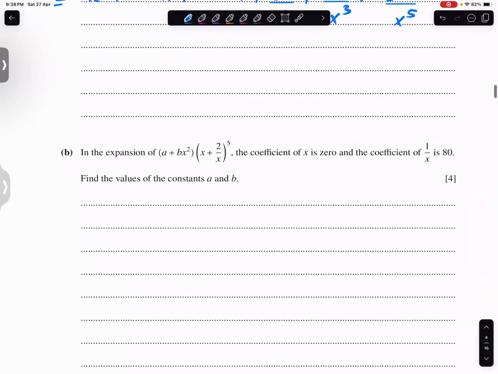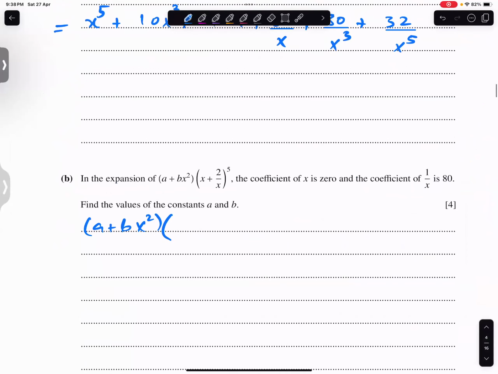In the expansion of a plus bx square times x plus 2 over x, the coefficient of x is 0 and the coefficient of 1 over x is 80. So let's write here a plus bx square and the answer of the above expression.